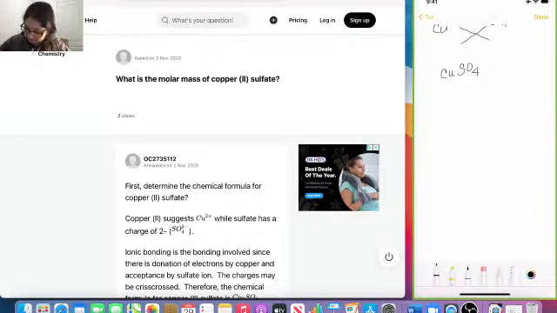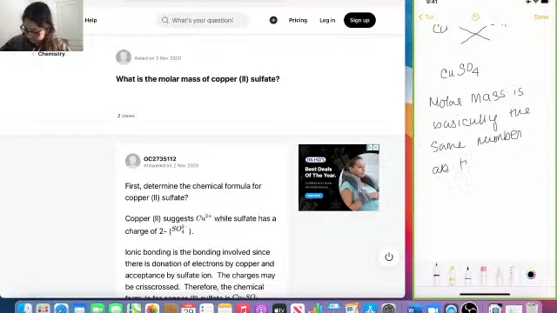Molar mass is basically the same number as your atomic mass number.